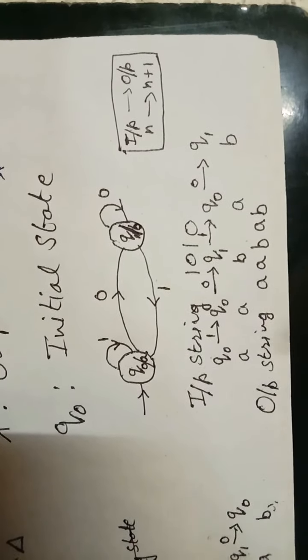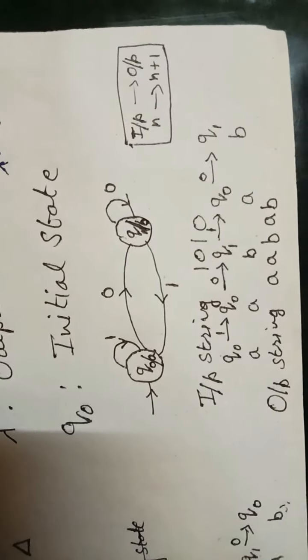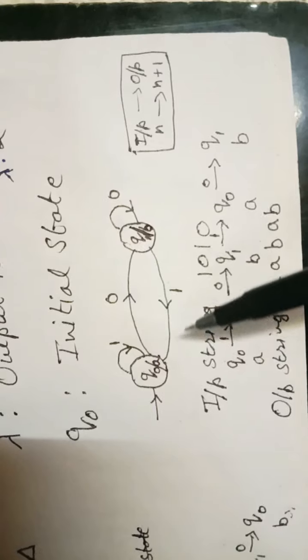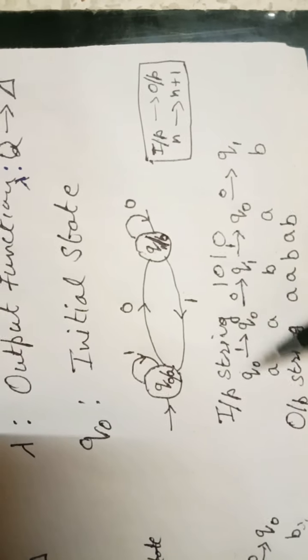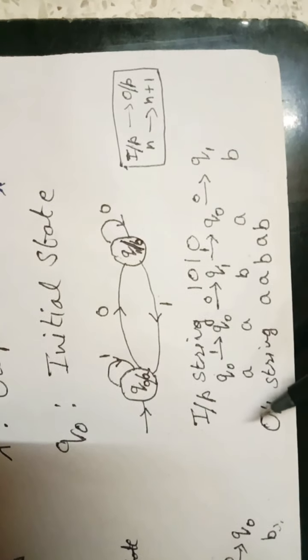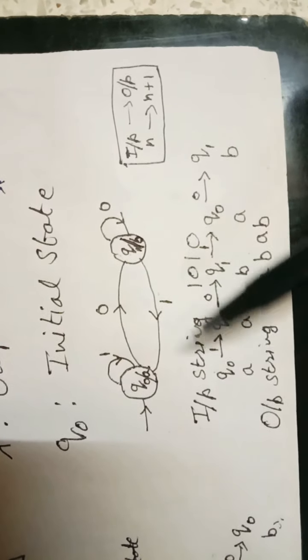Now this is an example of a Moore machine. Again we have two states. As I have already told you, in a Moore machine outputs are associated with the present states only.